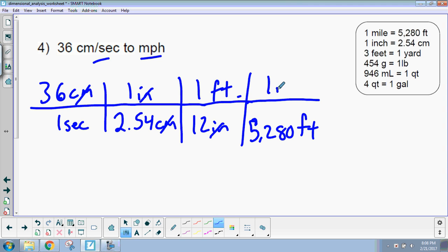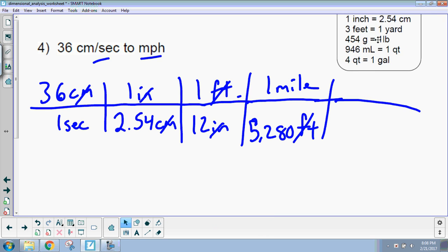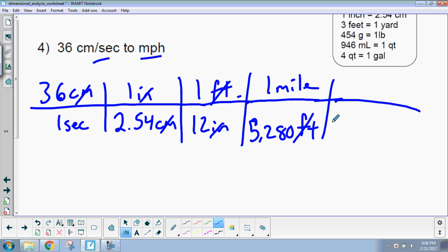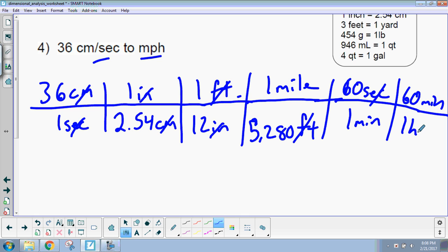That takes care of my miles. I'm just continuing this out. Seconds to hours, as we said before. Put seconds on top. 60 seconds, because I want my seconds to cancel, equals 1 minute. Seconds cancel. And 60 minutes equals 1 hour. Now I have my hours. Notice it's underneath, just like this is. Miles per hour.